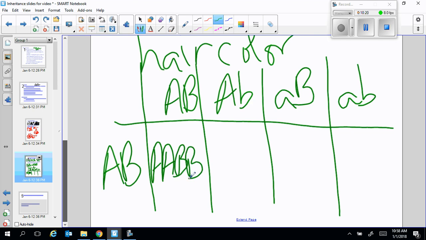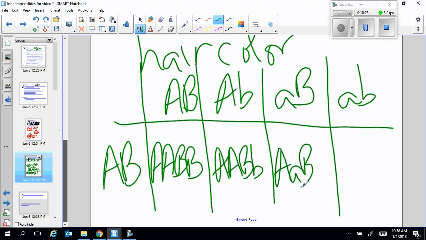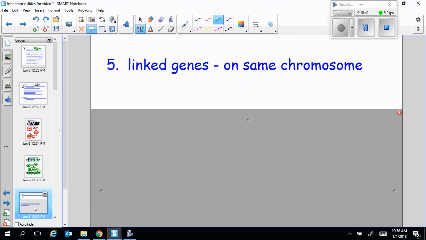I would get this, I would get this, I would get this, and I would get this. Okay, and so those are my possibilities, and based on what the A's and B's stand for, I could figure out the phenotypes.